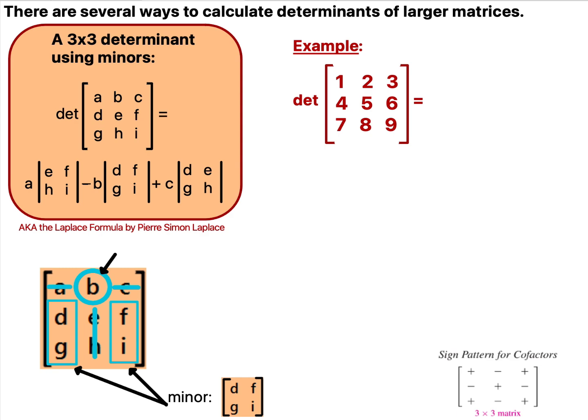It goes, we take this value A times this little minor determinant.